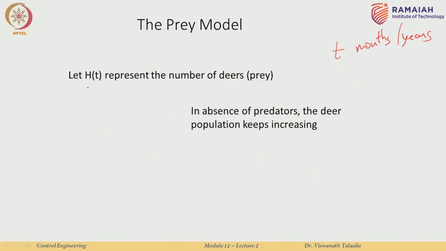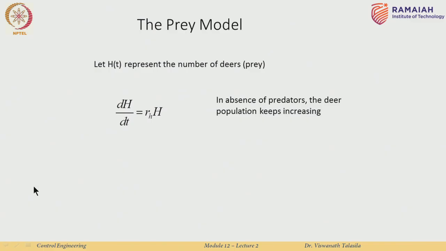So, if h of t is the number of deers, in the absence of predators, we are going to make an assumption that the deer population keeps on increasing, which is an assumption I am making in my modeling, and that essentially follows this particular equation, which says that the rate of change of the population of the deers as a function of time, with time being in months or years, is a positive rate of change where R_H is greater than 0 and H is the population of the deers.